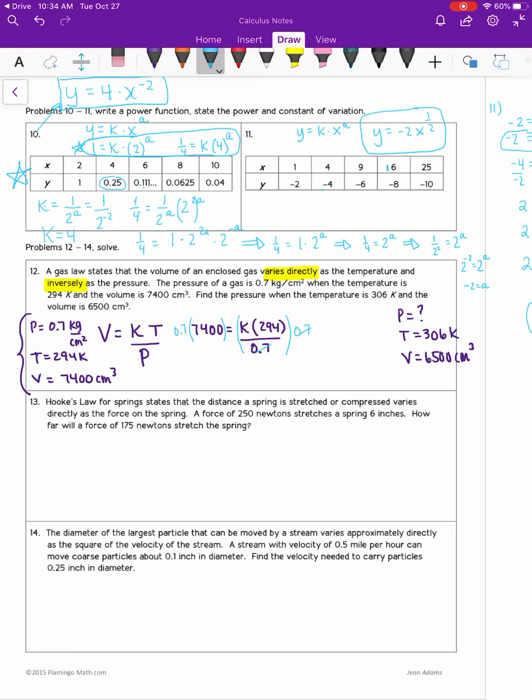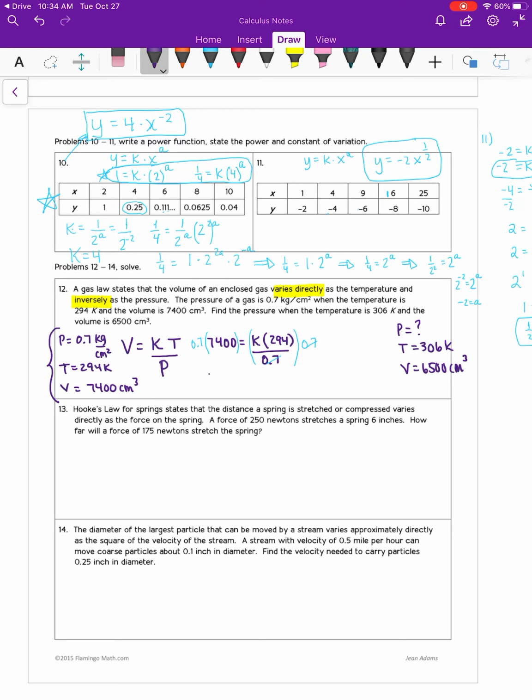So that would get rid of that. And so that would give you 0.7 times 7,400 is 5,180 equals 294K. And then, of course, you would divide by 294 on both sides.